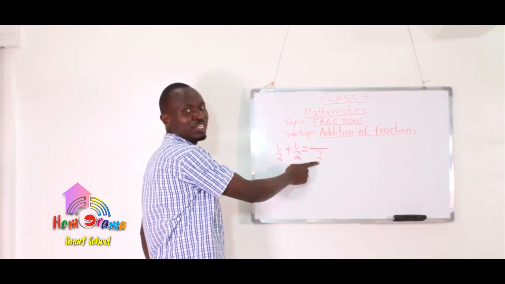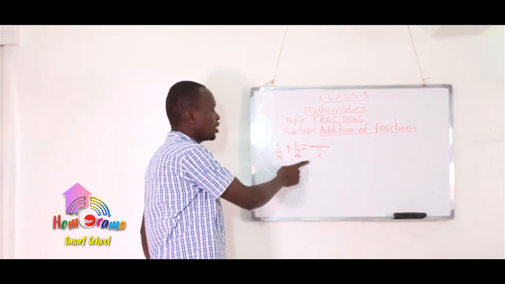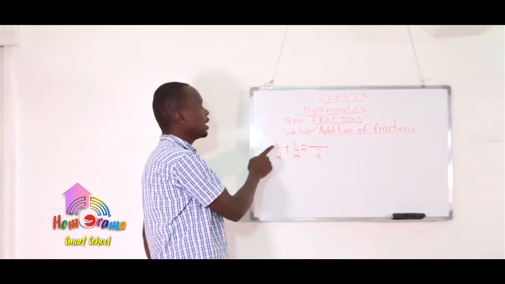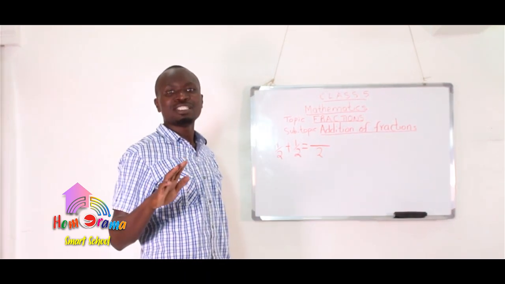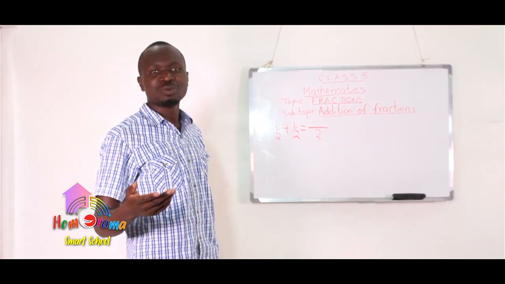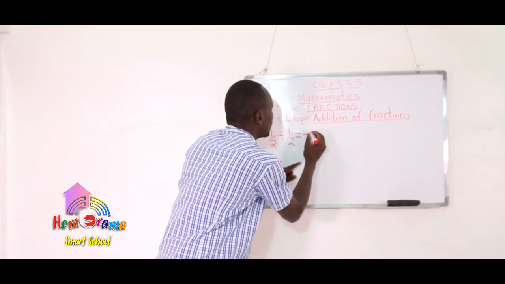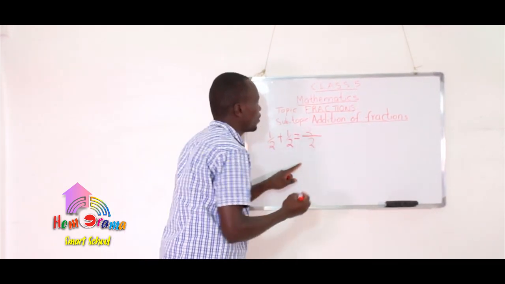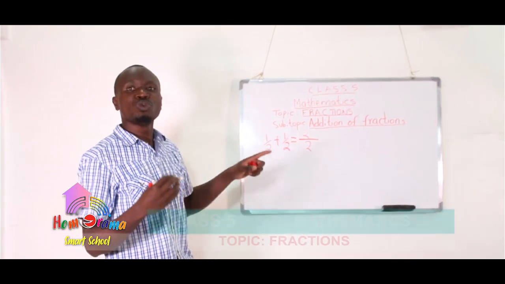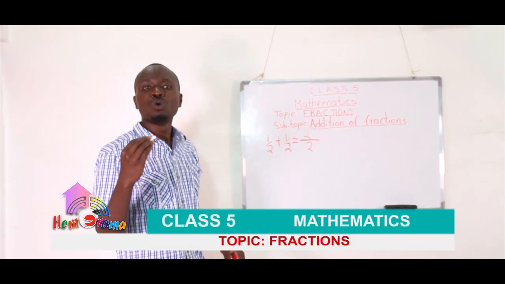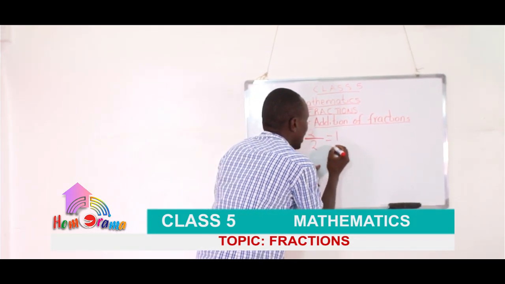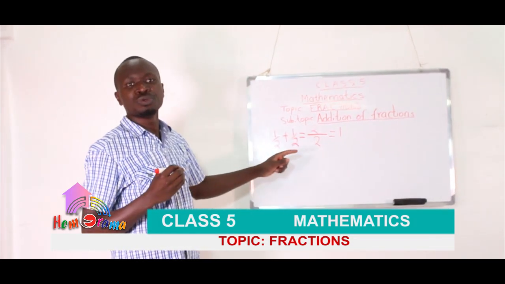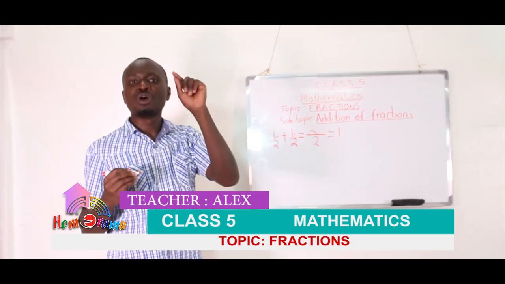Then I add the numerator, 1 plus 1, which gives me 2. 2 over 2 is the same as a whole, which is 1.